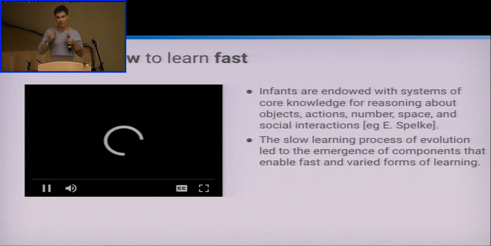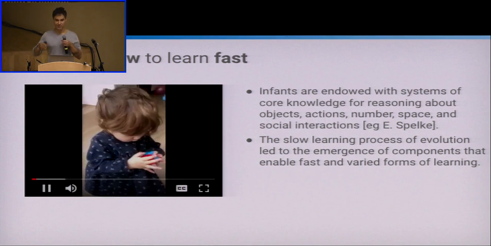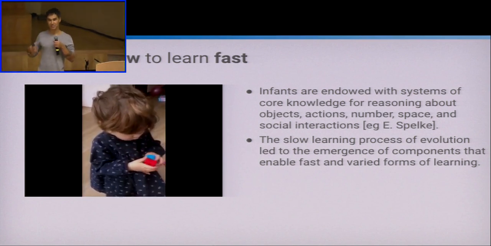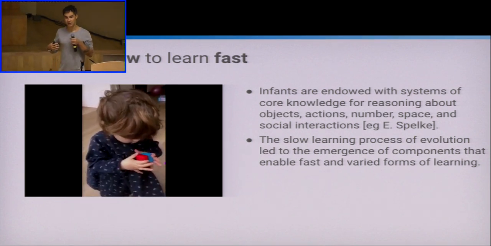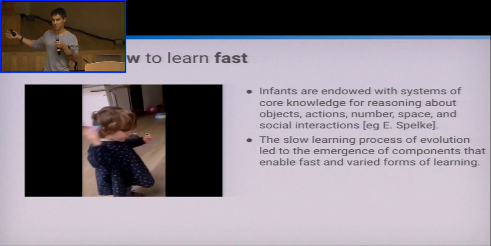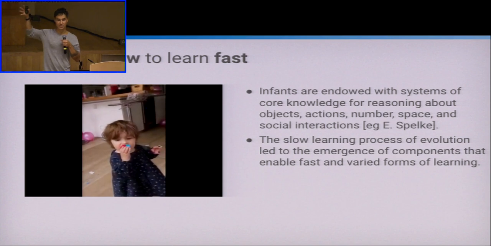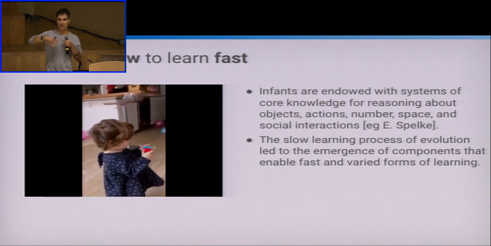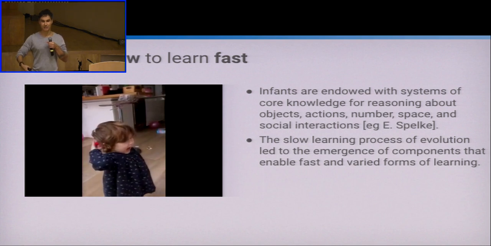Another big area of research that interests me, and this is my chance to show another cute video of my daughter, is meta-learning, or learning to learn. We are born with the capacity to learn. Evolution can be thought of as this long process of learning that has created machines with the capacity to learn rapidly.